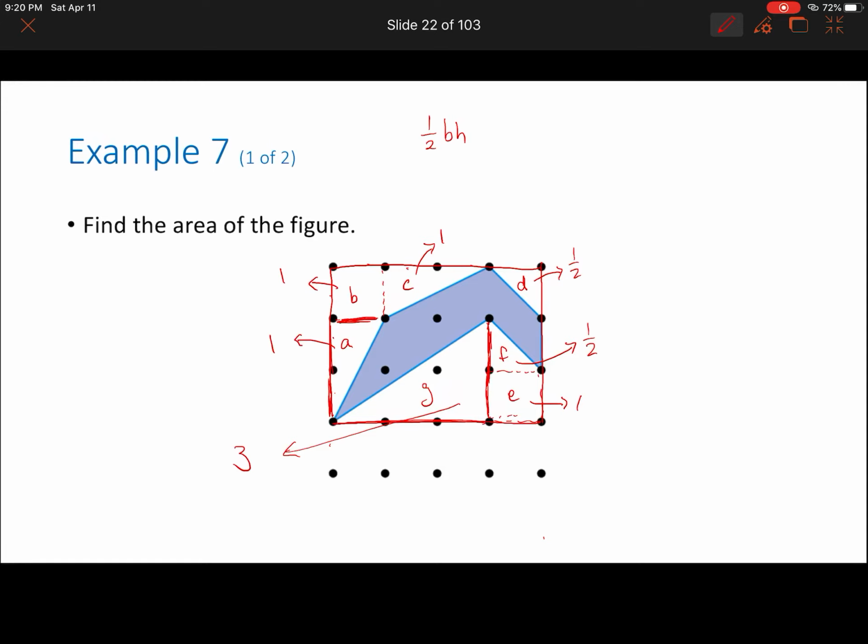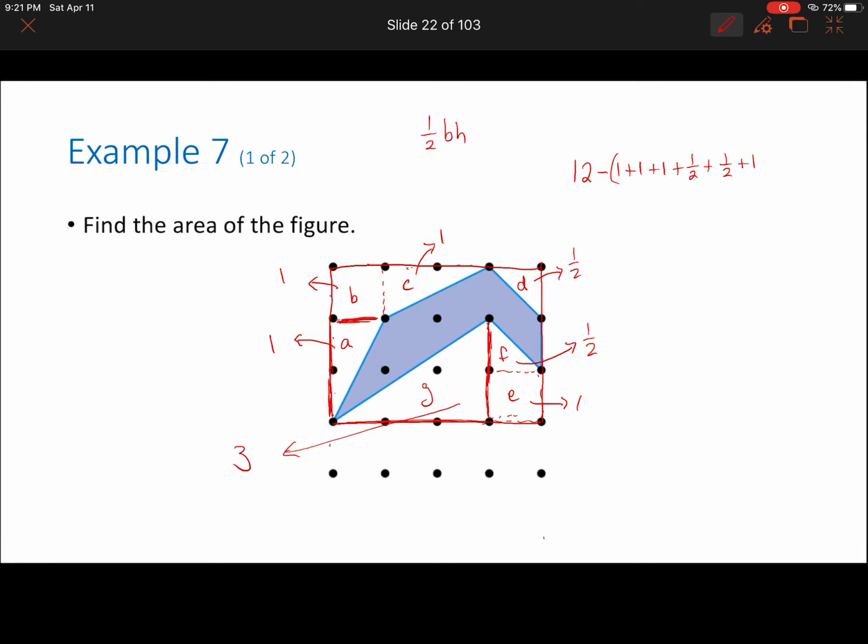And so if you look at what do we have total in the big rectangle? Well, there's 1, 2, 3, 4 by 3, so it's 12 total. And then we're subtracting part A, which is 1. Part B, that's also 1. Part C is 1. Part D is a half. Part F is a half, so it's going to be 1 with those two fractions.